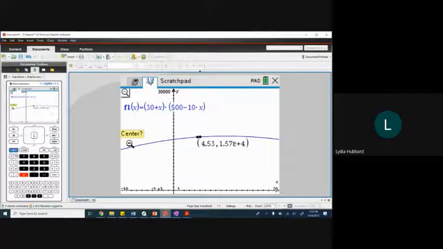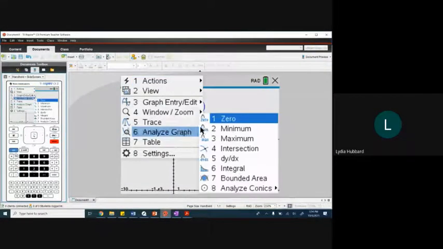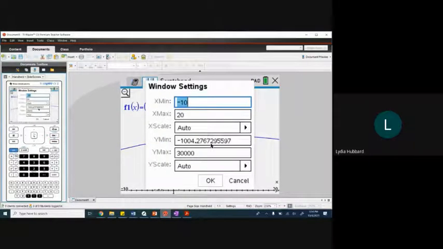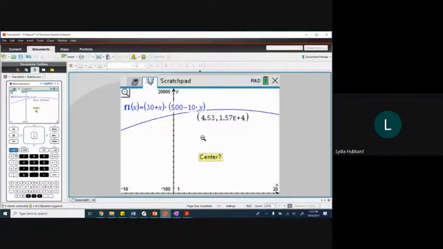Sorry, guys, I'm just messing around with the window, and you're allowed to mess around with the window as well, to see where you want. It's still not going to be great, but it's a little bit better.